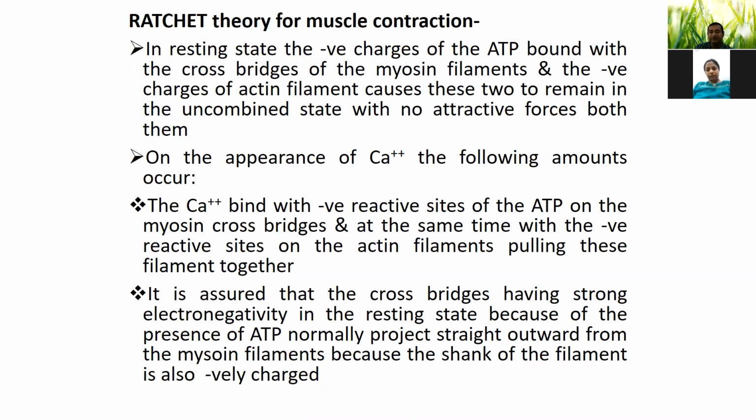At the same time, the cross bridges have strong electronegativity in the resting state because of the presence of ATP. Once this ATP comes out with the calcium ions, it will again get relaxed. The myosin filaments shank the filament negatively charged.